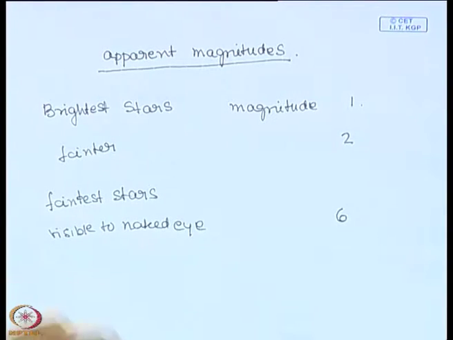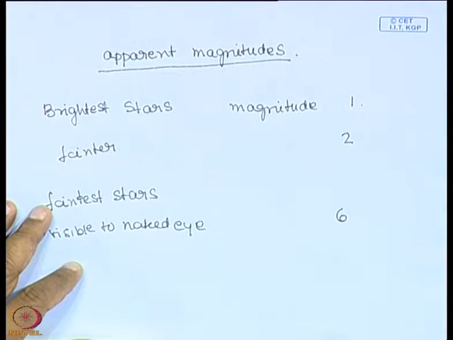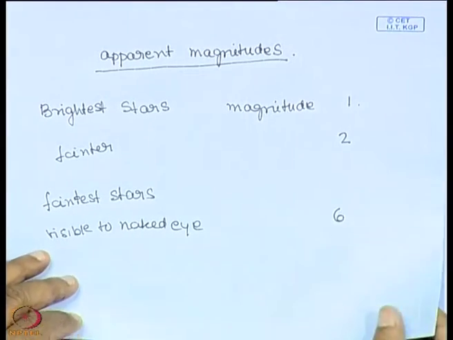Okay. Now, later people discovered that the eye actually had a logarithmic response. The response of the eye is not linear. If you have a linear response, the dynamical range, that is the brightest and the faintest object that you can see, will not be very far apart. But if you have a logarithmic response, your dynamical range becomes much more. Okay. So, the human eye has a logarithmic response.